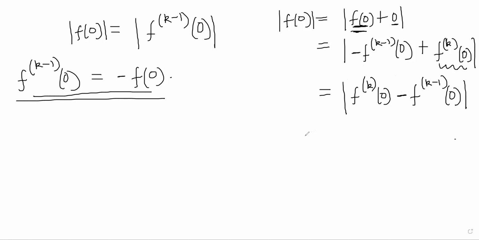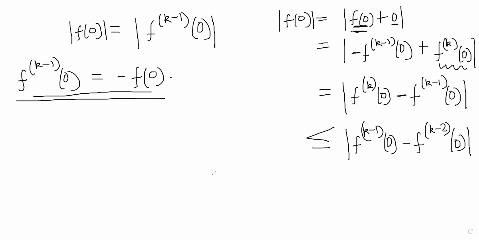Now we can say that this will obviously be less than or equal to mod of f of k minus 1 of 0 minus f of k minus 2 of 0, right? Because we have the inequality mod of f of x minus f of y is less than or equal to mod of x minus y.